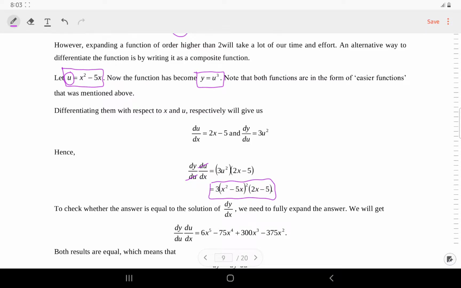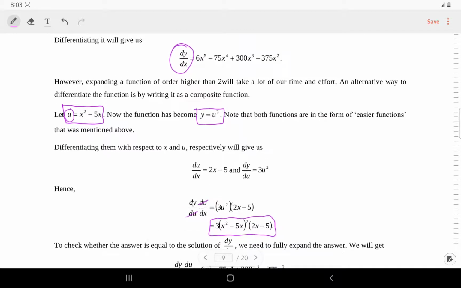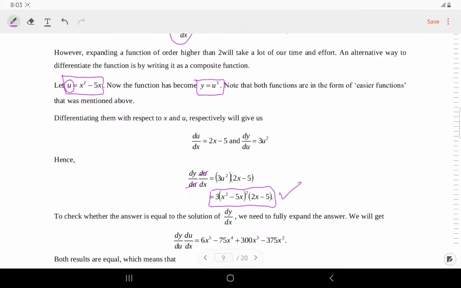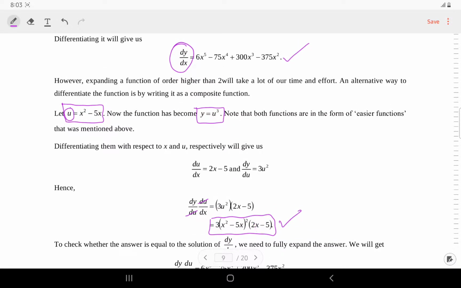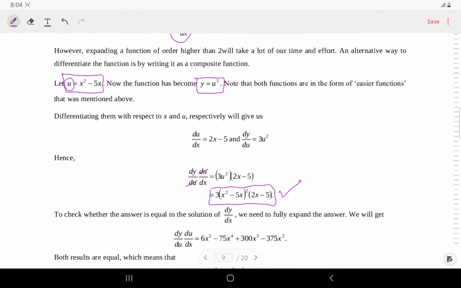Actually, this is the same when you compare with the direct differentiation here. If you expand 2x minus 5 multiplied with 2x minus 5 squared multiplied with 3, the answer will be the same as this one when you fully expand it.